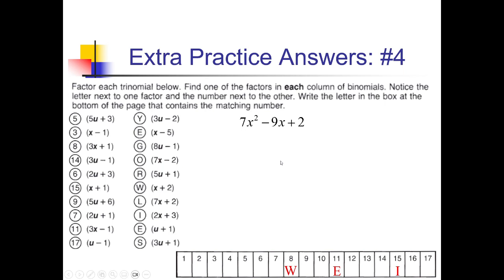This next one, we have an AC value of 7 times 2, 14. So now I need factors of 14 that add up to negative 9. 1 and 14 doesn't work, but 2 and 7 does if they're both negative. So let me make this negative 2x minus 7x. So I can take an x out of those first two terms, leaving me with 7x minus 2.